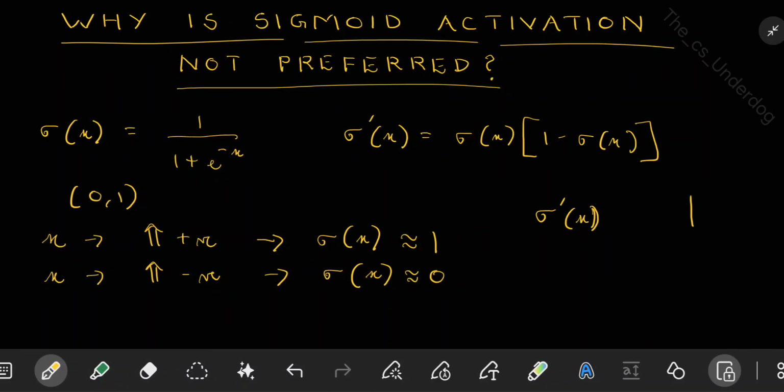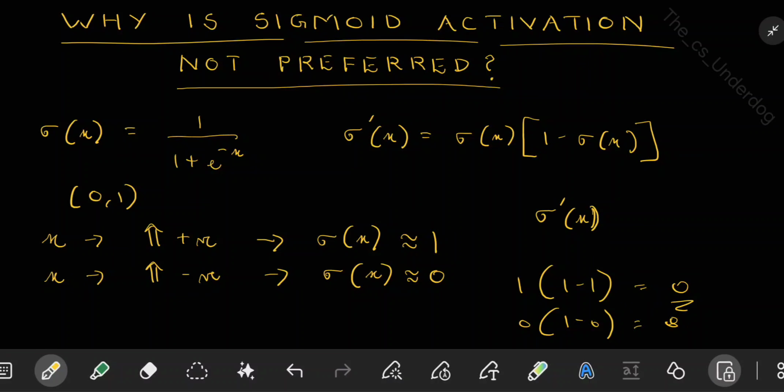What is the maximum possible value that the derivative can take? If you think it happens when sigmoid equals 1, the problem is, using this formula, 1 into 1 minus 1 will be 0, which means this surely is not the greatest value. What if sigmoid is 0? Then it will be 0 into 1 minus 0, which will also be 0.